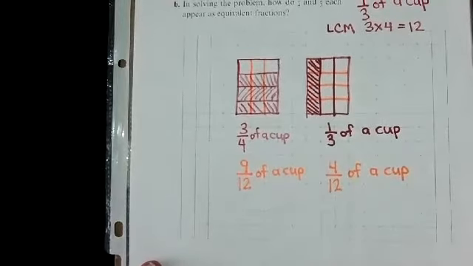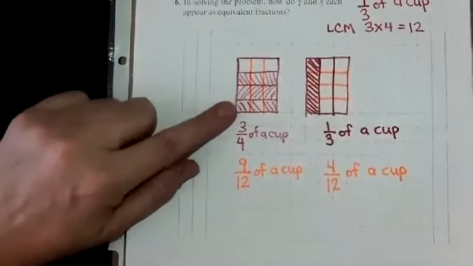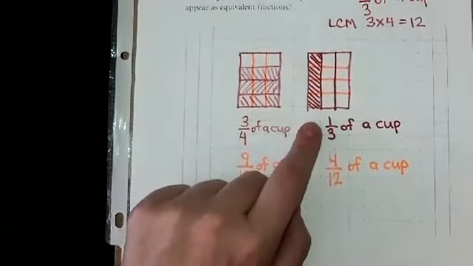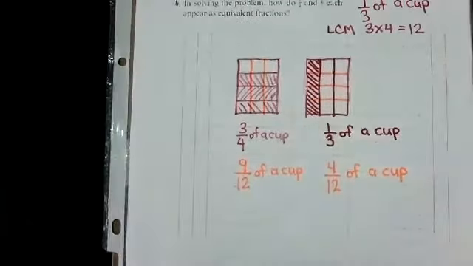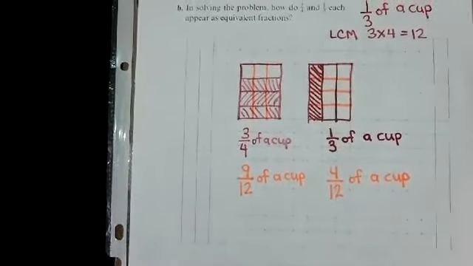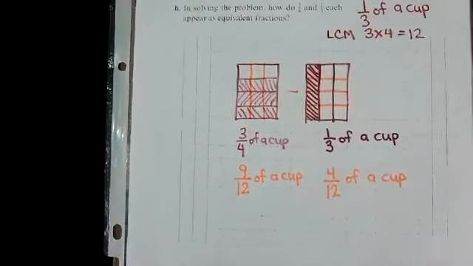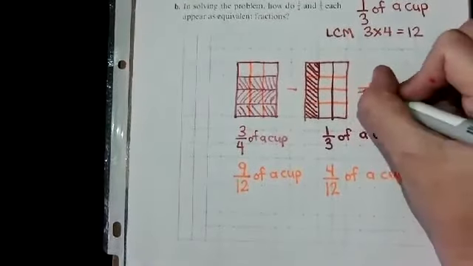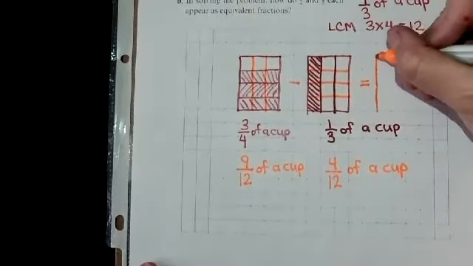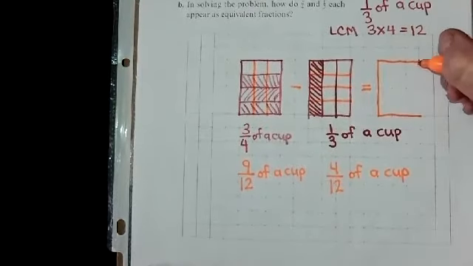shaded. And we're asked that if we put the first quantity into an empty bowl and remove the second quantity, how much of a cup would be left? How much water's left in the bowl? So we're going to subtract in our image and represent the end result using the same size whole.